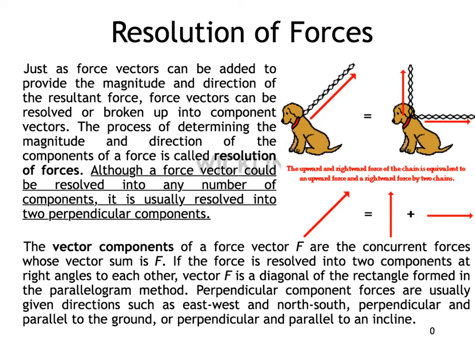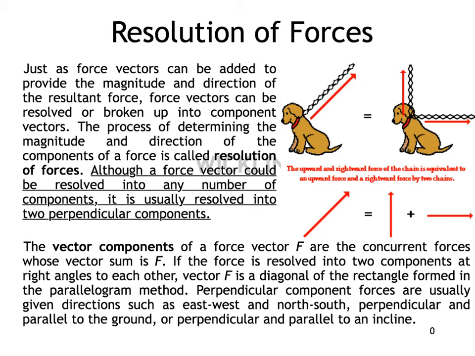So instead of being one vector, it really could be any number of vectors, to be honest. But by far the most useful thing we can do is to break it up into 2 vectors that are perpendicular to each other. Because if you do that, you get to use all of trigonometry. It's all at your advantage if you have a right angle.